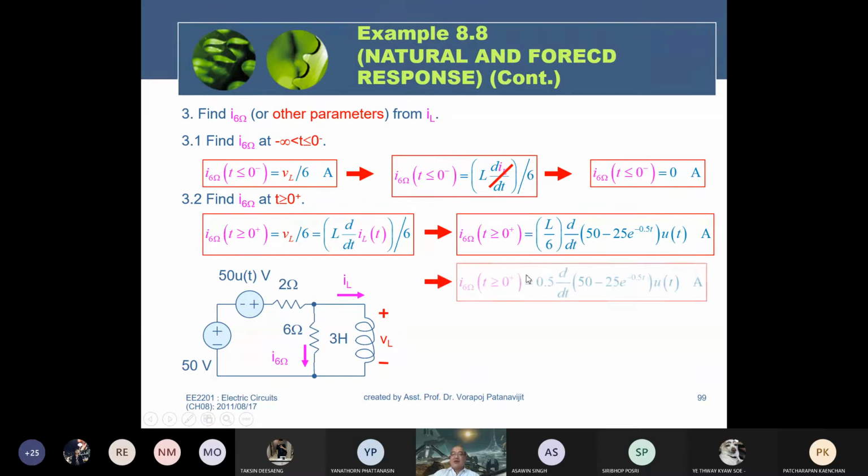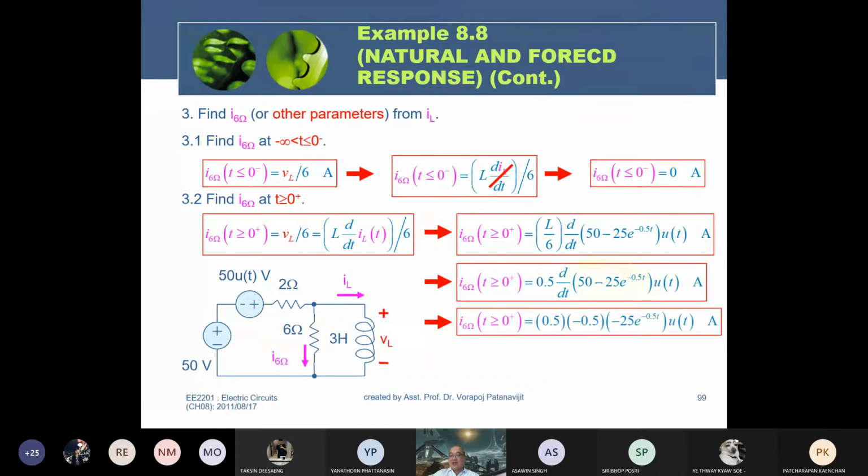You can see that the voltage across the inductor will be decreasing from time to time until it equals 25 and it short circuits soon. If it short circuits, it means no voltage across this. If no voltage across it, it means no current flows in this resistor too. At time equal to infinity, the inductor is short circuit again.